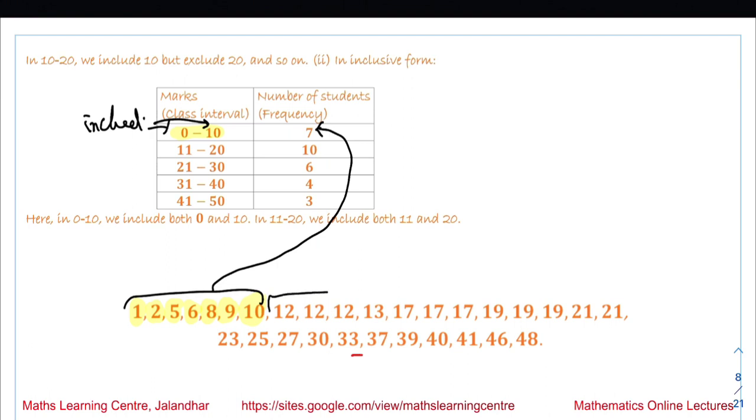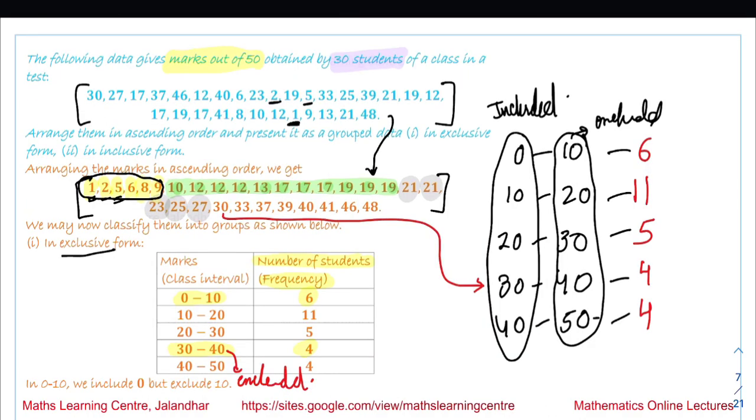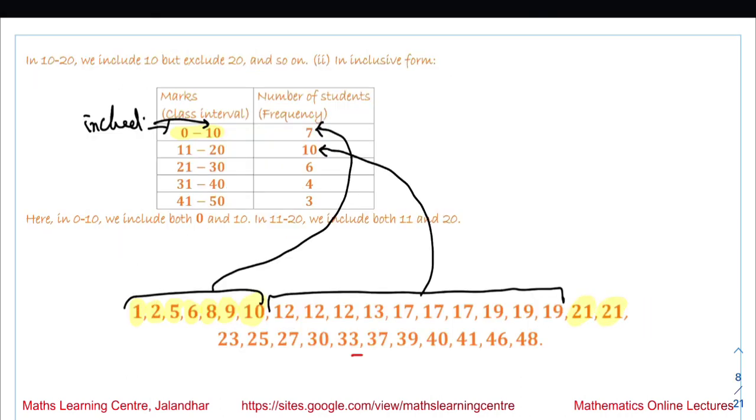Next we have these 10 numbers that are in the class 11 to 20 in the inclusive form. Next it is 1, 2, 3, 4, 5, 6. These are the 6 numbers between 21 and 30 in the inclusive form.